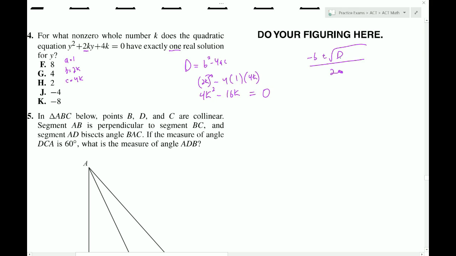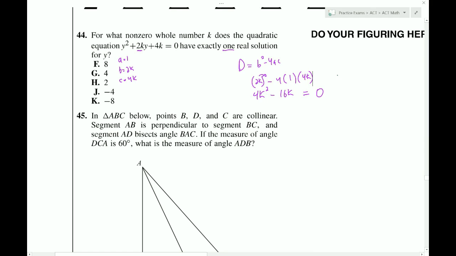So if d equals 0, then you end up with a 0 here, right? So the plus or minus doesn't do anything. The plus or minus is what gives you the two roots in the first place. So if the discriminant is 0, the plus or minus does nothing, and it just gives you the value of negative b over 2a for your one single repeated root.